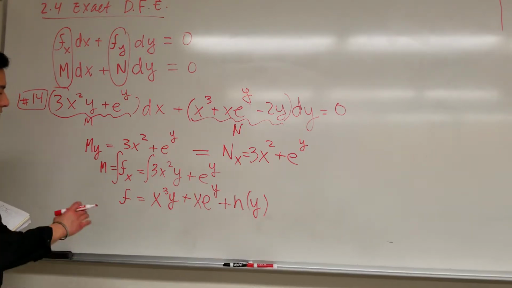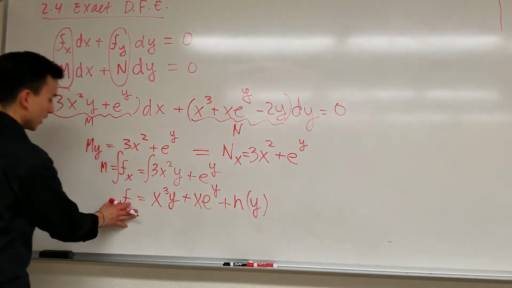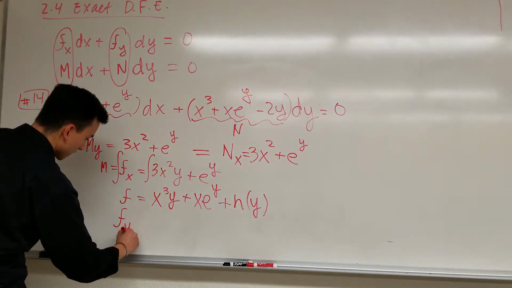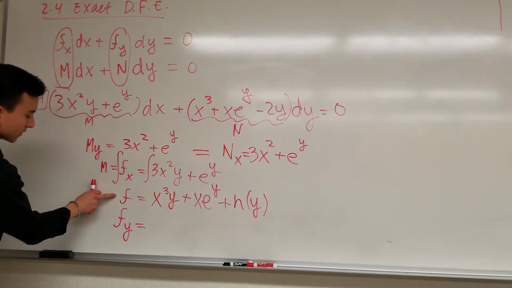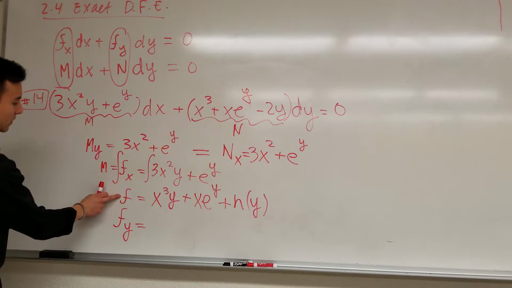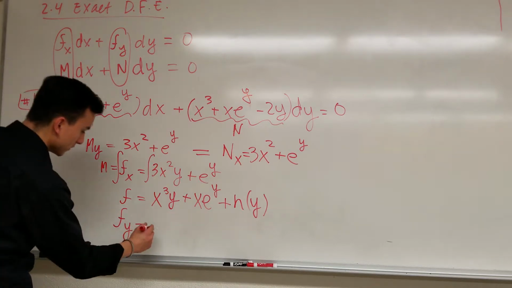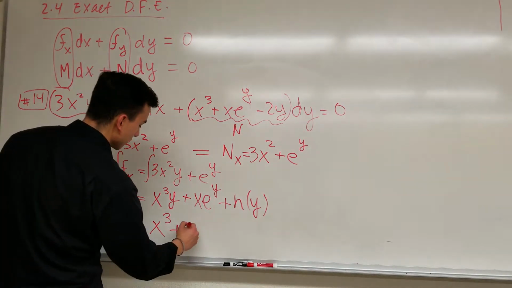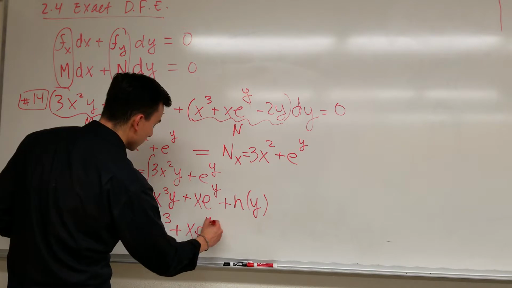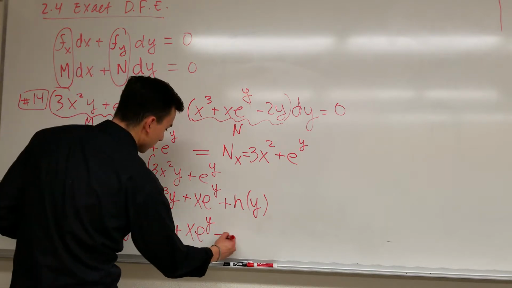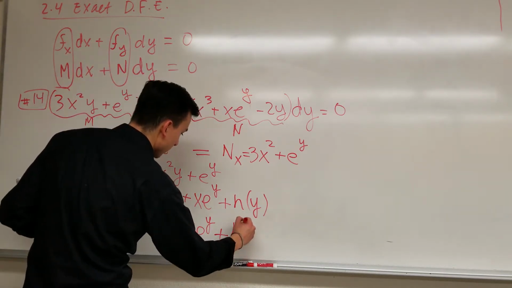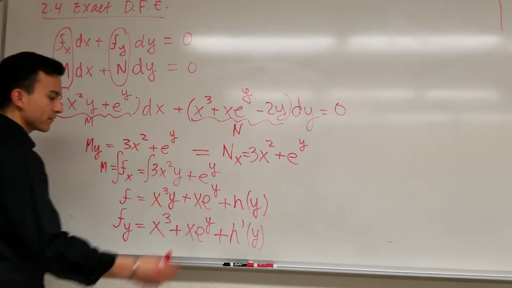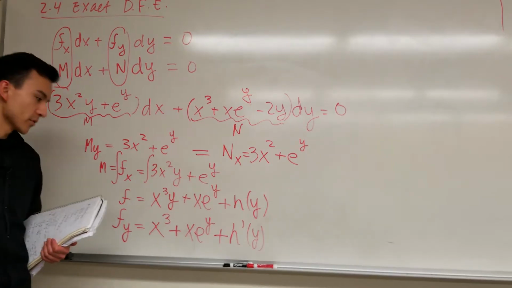All right, so now with this little f, we're going to take a partial with respect to y. Now that's going to become x^3 + x e^y + h'(y), because that's the derivative of this constant. Whatever the constant is, it's now the derivative of that.